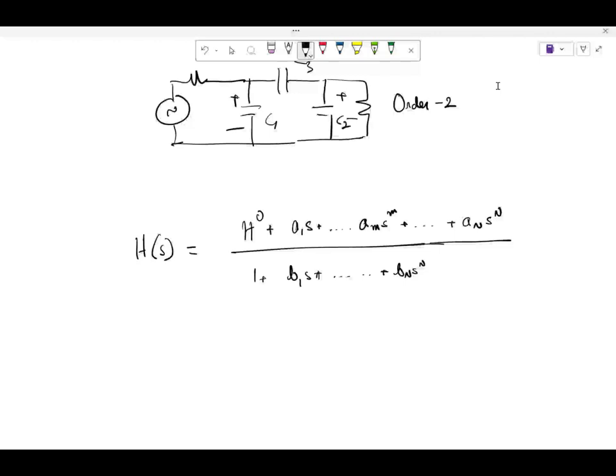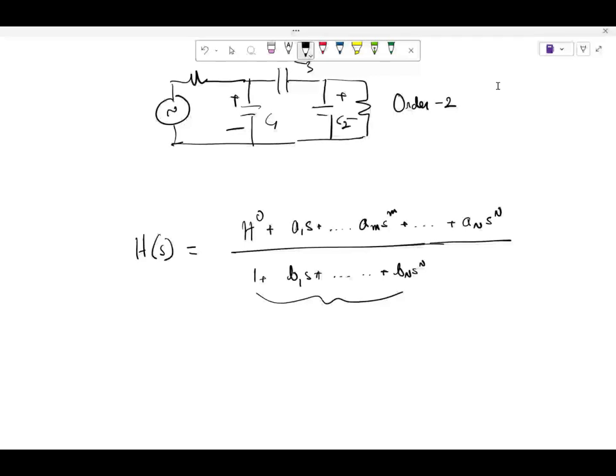So if this transfer function has, let's say, 2 zeros, and the denominator is, let's say, of 10th order, what will the numerator look like? Will the numerator also have 10 terms? No, obviously no, right? How many terms will it have? It will have 3 terms, and the maximum will be A2.